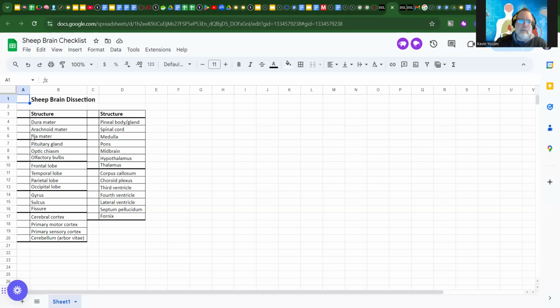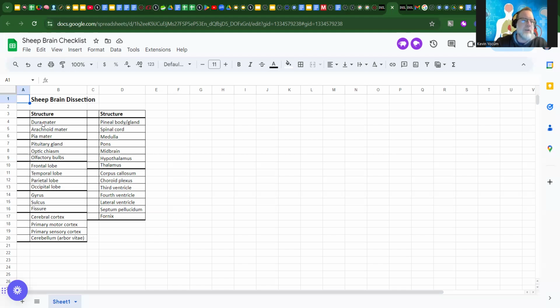Pia means soft, and when this is removed, the brain is going to be very shiny. There's going to be a little sheen, a clear layer almost like a varnish over the top of it. That's the pia mater, which again means soft mother.